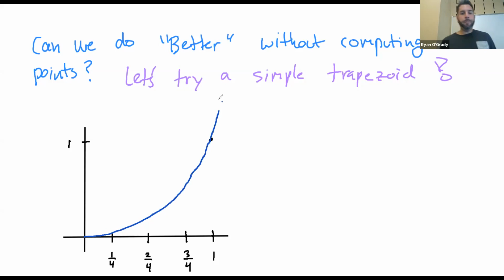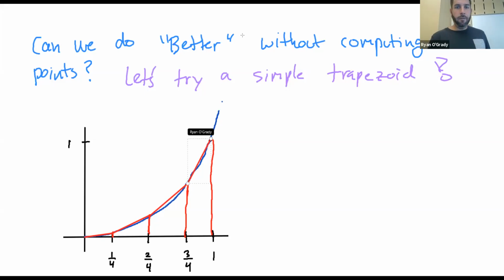Now what we're going to do is what we normally would do. We're going to draw a line from here to here, and from here to here, and from here to here, and from here to here. But instead of using rectangles, we're going to use trapezoids. So I'm going to draw this line, and this line, and this line, and this line.